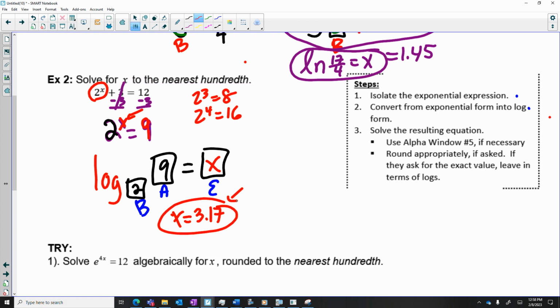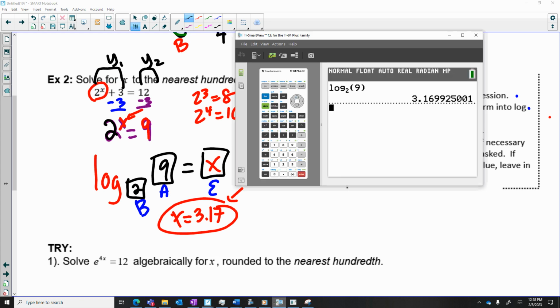Now I do want to remind you guys that we did do a y1, y2 scenario when we were solving this before we knew logs. So another thing we could do if we did not have the ability to do this algebraically is put this in y1, put this in y2, and look for the intersection, which is what we just did on our last quiz.